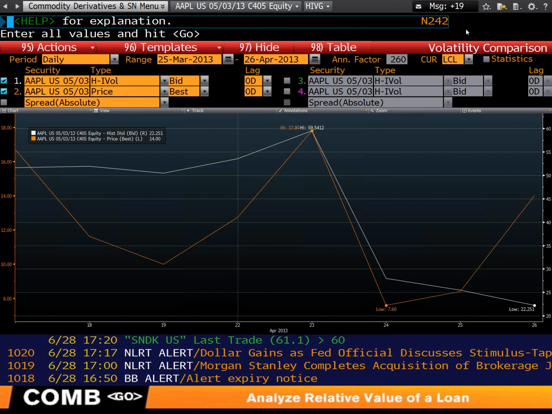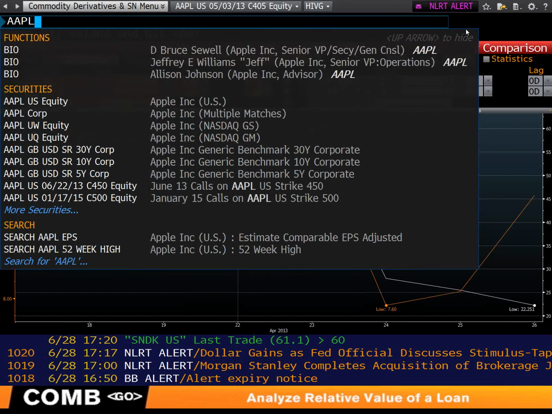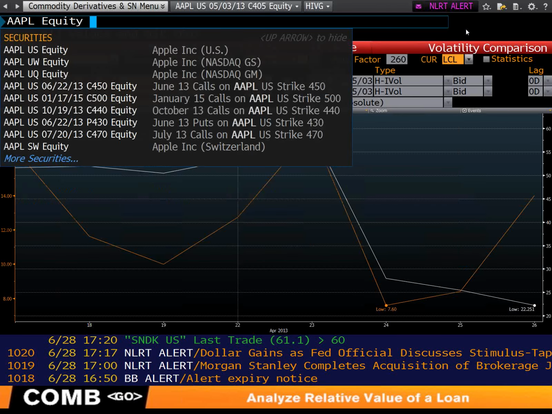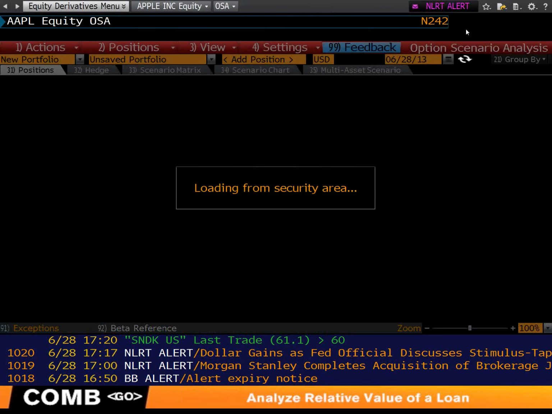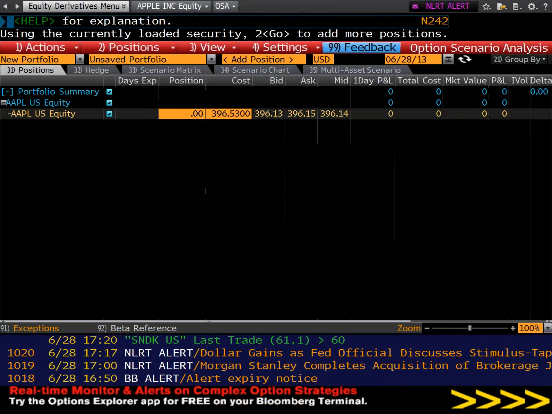So that brings us a long way around to going back to the issue of spreads. What you can do is, if you decide that your range for Apple is going to be 410 to 435, again, let me go grab these things.